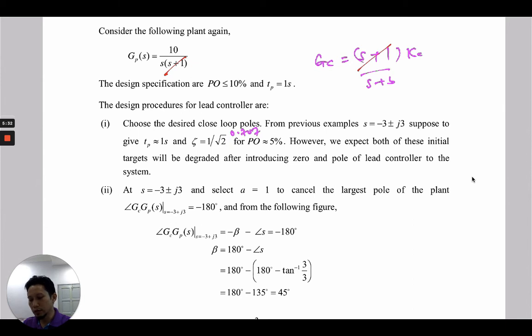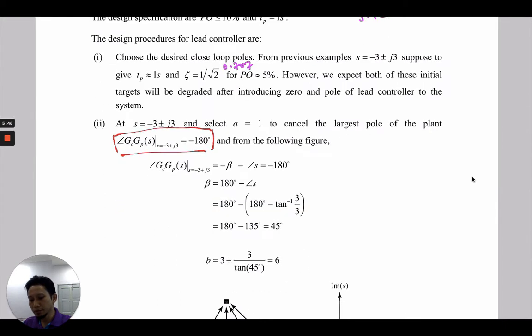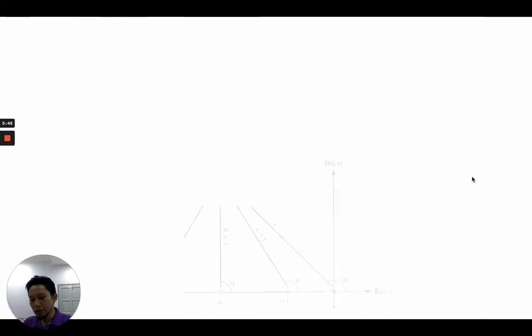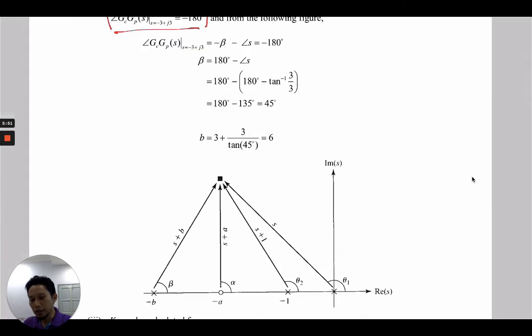We know that a point on the root locus will result in an angle of negative 180 degrees, so we can calculate the unknown angle here. We select a equals 1, which cancels out this one and this one. What's left is only beta and theta 1.